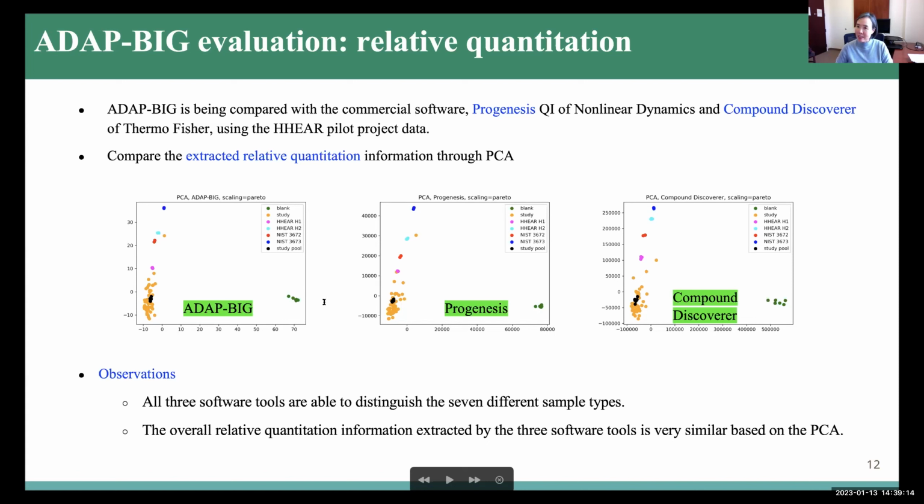Here we see the PCA plots: this is from ADAP Big, this is from Progenesis, and this is from Compound Discoverer. At a very high level, the relative quantitation produced pretty similar PCA plots. So from a relative quantitation point of view, we could say the three software tools performed comparably.